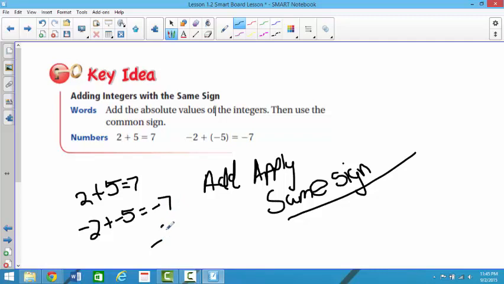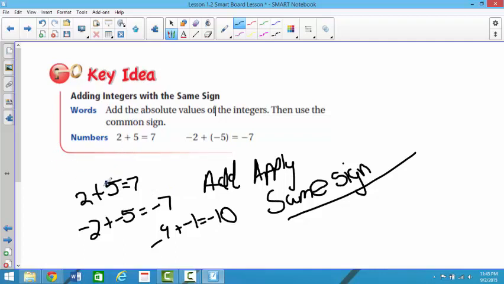Or a negative 9 plus a negative 1 is going to be a negative 10. You would add their absolute value, or ignore the signs initially and add the numbers. 9 plus 1 is 10. And then because they're both negative, your answer is going to be negative. That's how you add integers with the same sign.